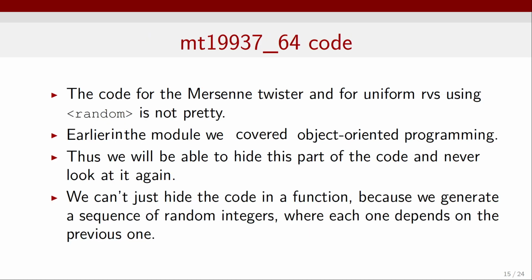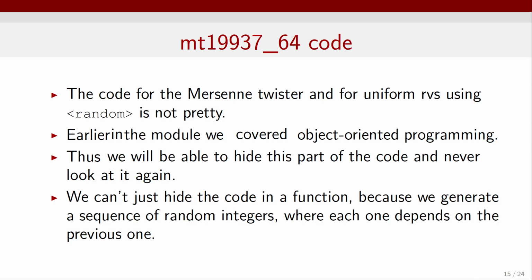Now, the code for the Mersenne Twister and for uniform random numbers using the random library is not very pretty. Earlier in the module, we covered object-oriented programming. So we will be able to hide this part of the code and never look at it again.